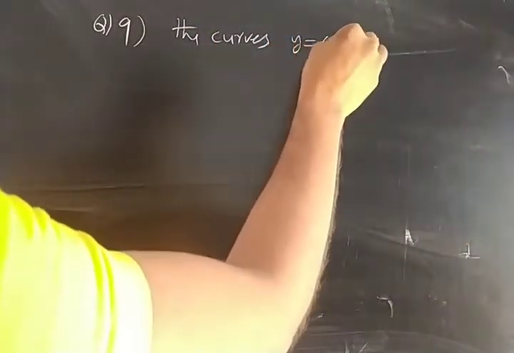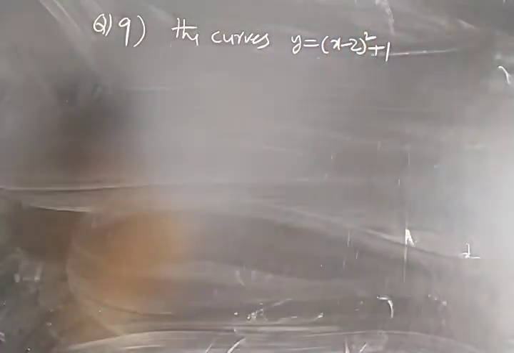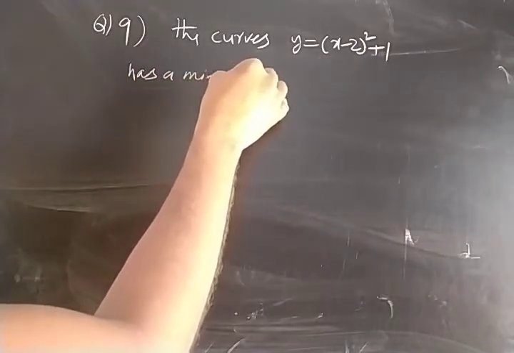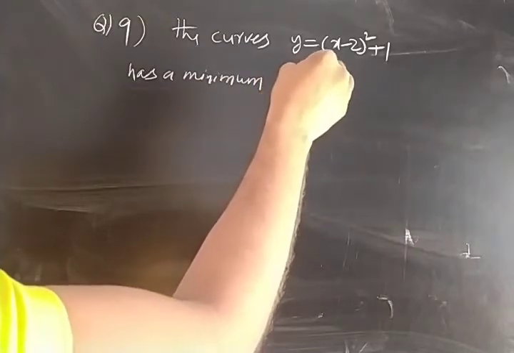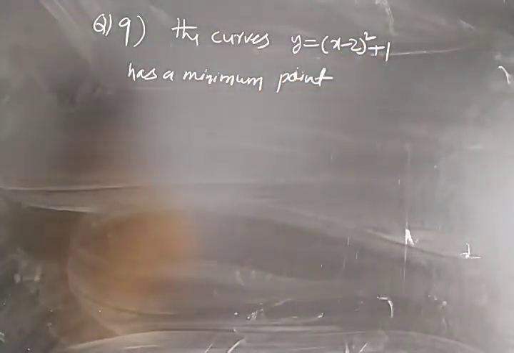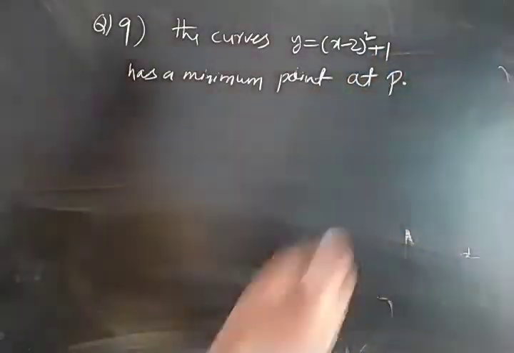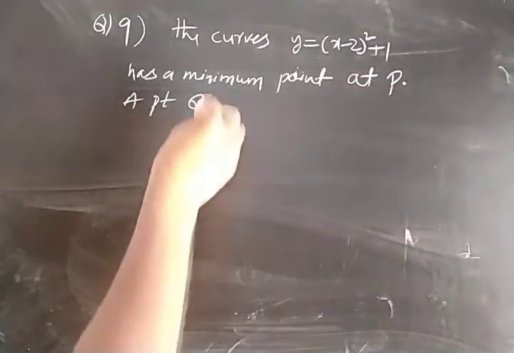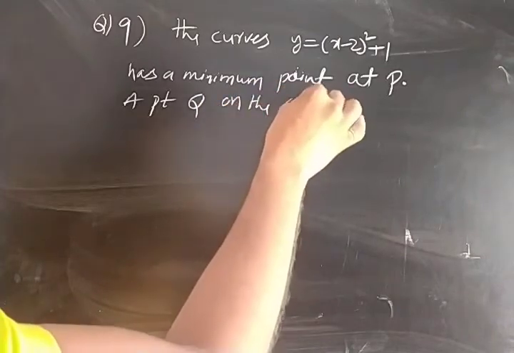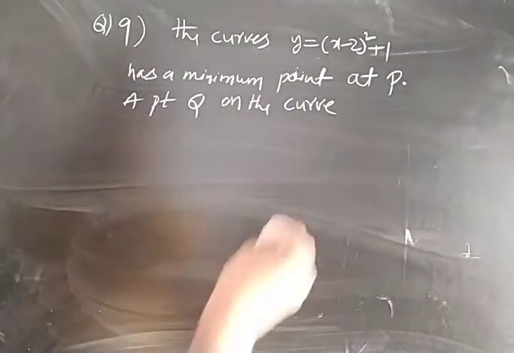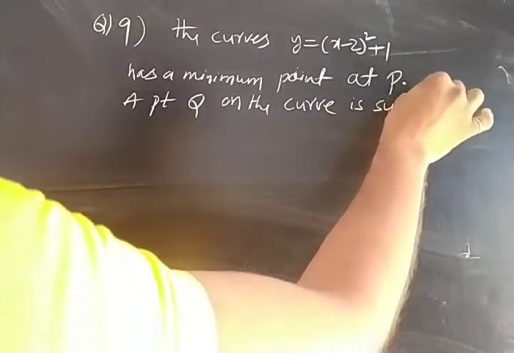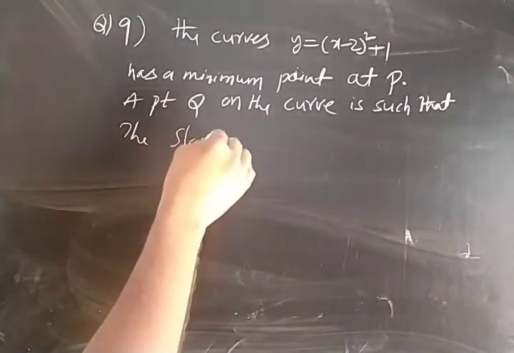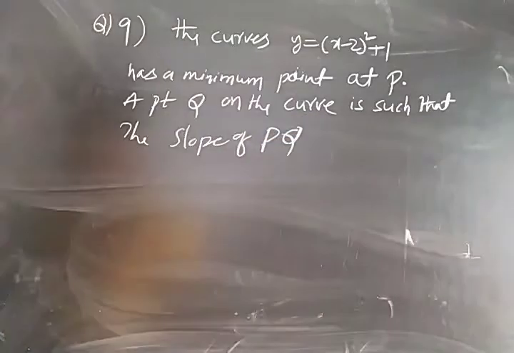the curve y equal to x minus 2 whole square plus 1 has a minimum point at capital P. A point Q on the curve is such that the slope of PQ is given.